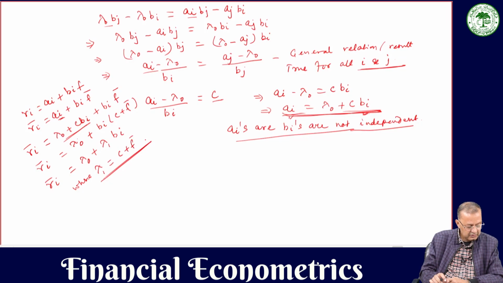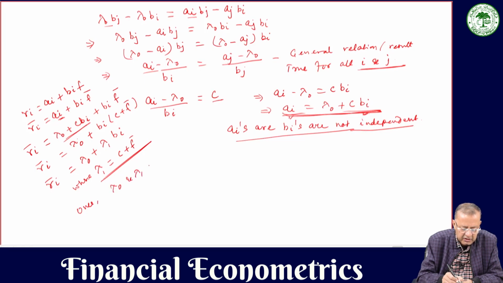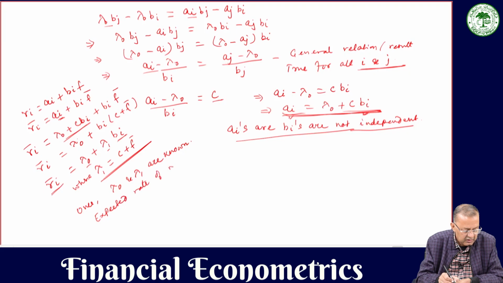So once lambda 0 and lambda 1 are known, the expected rate of return, the mean value, is determined by this. If this is known, the expected rate of return is determined by the factor loading.